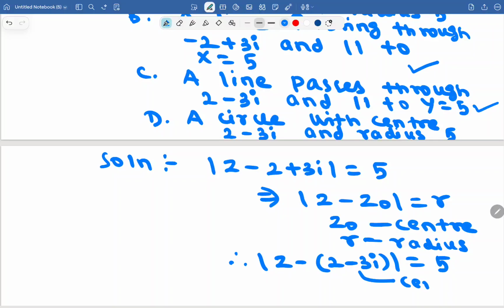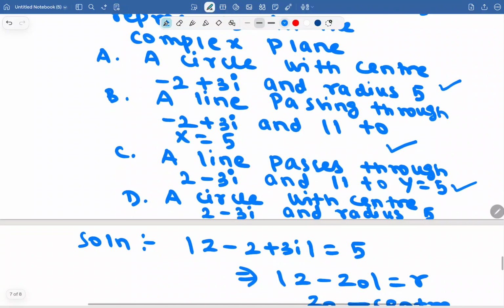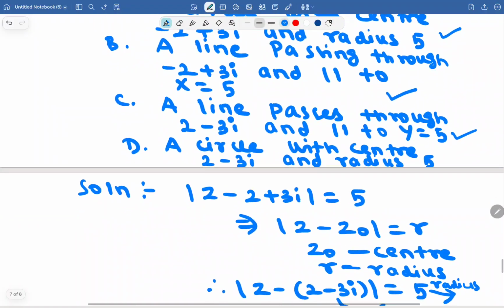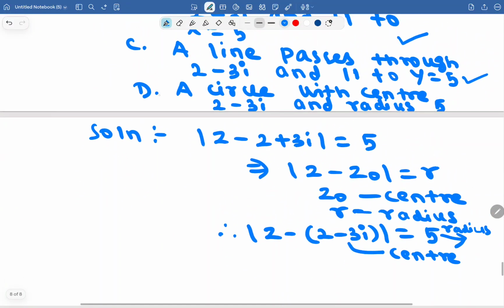Therefore, 2 minus 3i is the center and this one is the radius. Therefore, option D, a circle with center 2 minus 3i and radius 5, is the correct one.